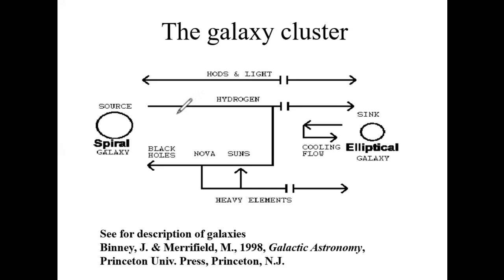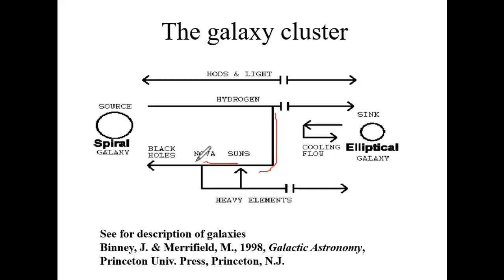Of course, between sources and sinks, you've got light and hods, but not all hydrogen leaves. Some of it comes back in, forms denser particles through suns. These suns then turn hydrogen into other atoms, molecules, and eventually they become dense enough so that they have a supernova.